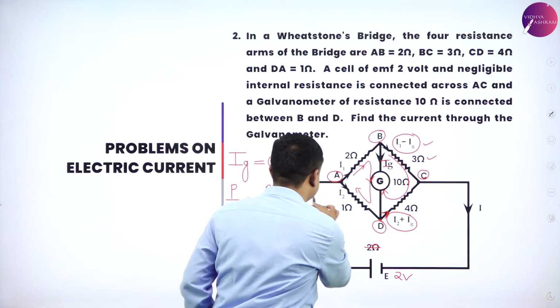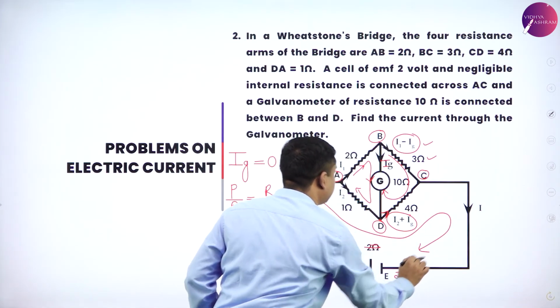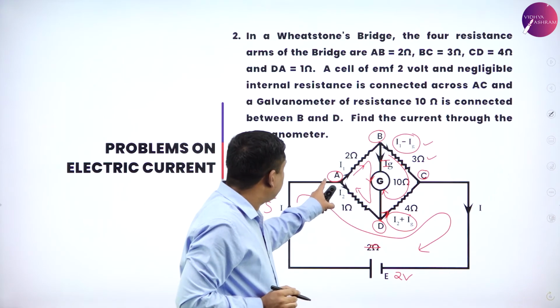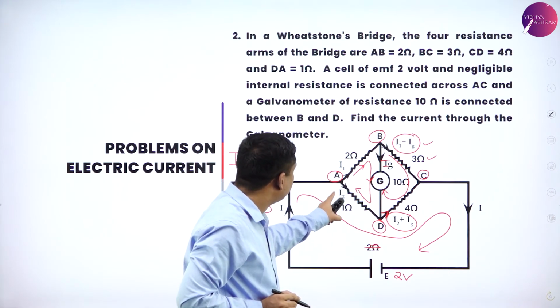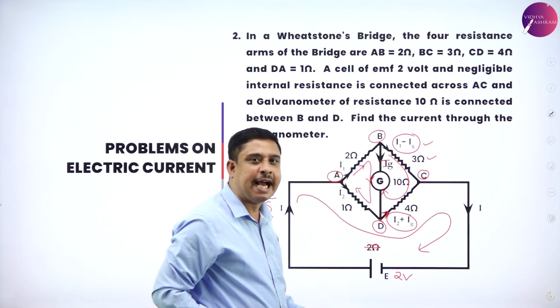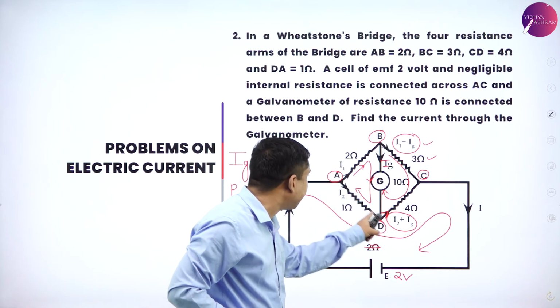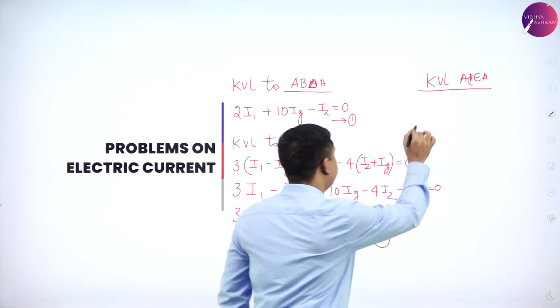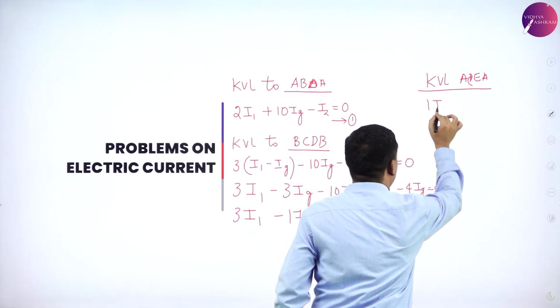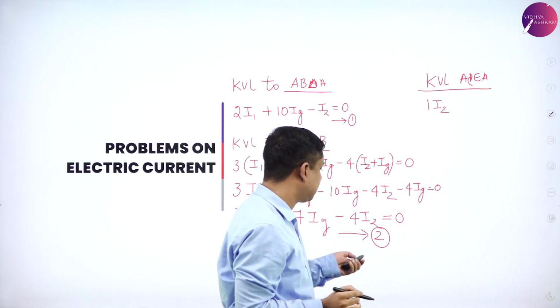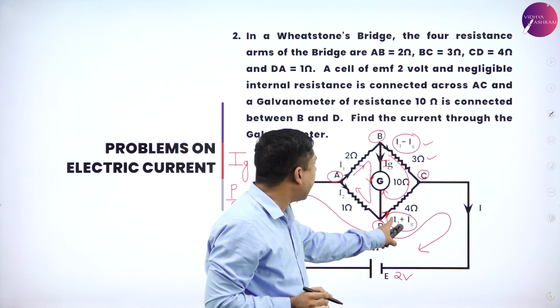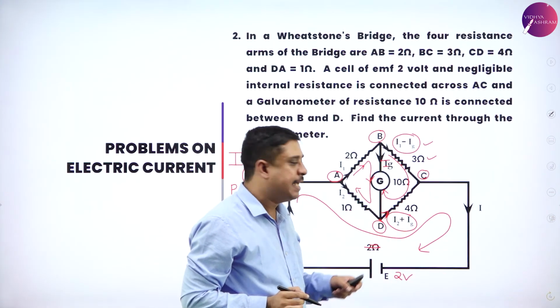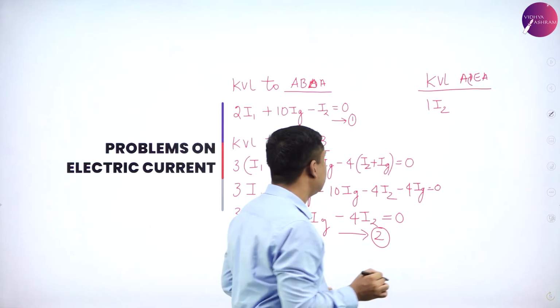I2. Now this is the direction of traverse. I2 is along the direction, same direction. So we have 1 times I2. Next, again I2 plus Ig in the same direction.